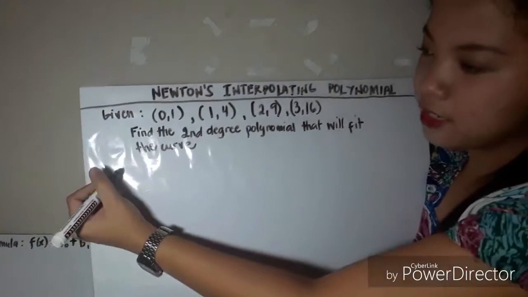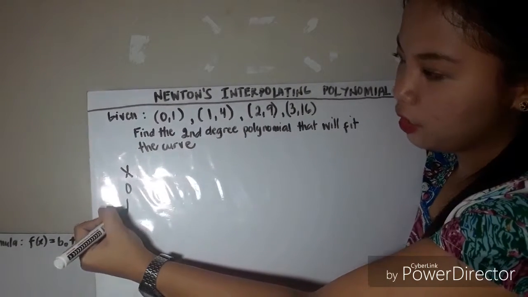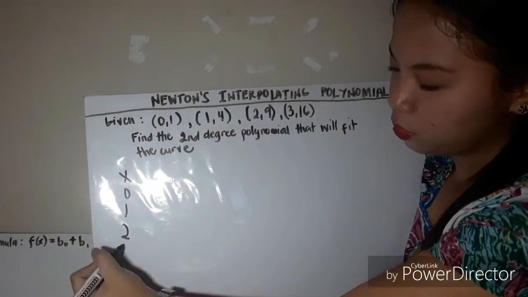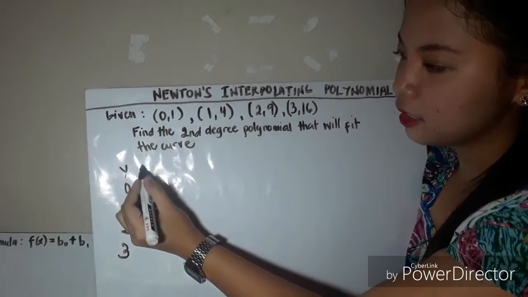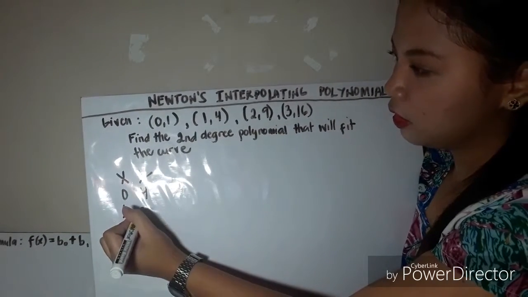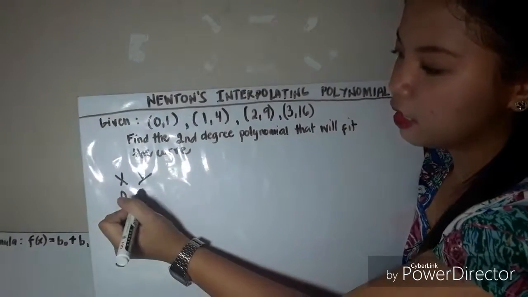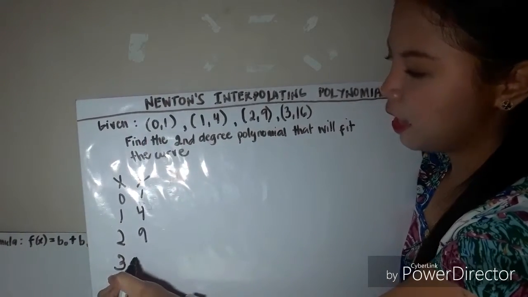So our x is 0, 1, 2, and 3, and our y is 1, 4, 9, and 16.